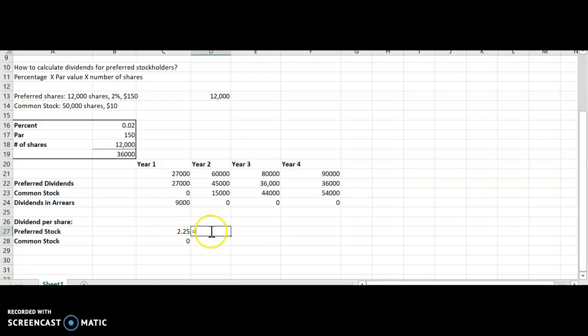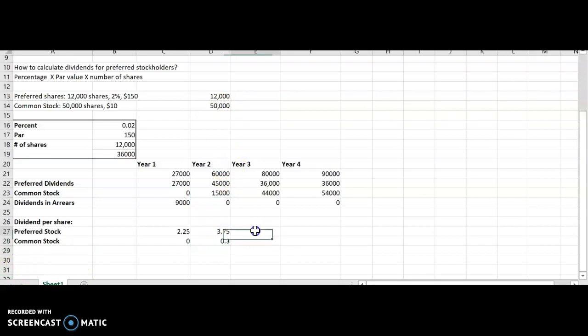For year 2, I'm going to say the 45,000 divided by 12,000, which would be $3.75, which means I paid $3.75 per share of preferred stock. Now for common stock, I paid 15,000 divided by the 50,000 shares, which would be 30 cents per share.